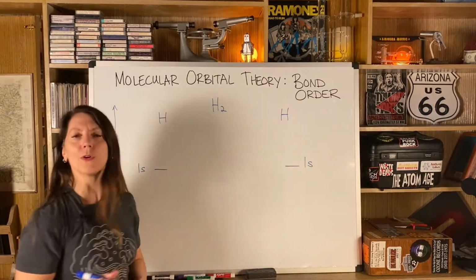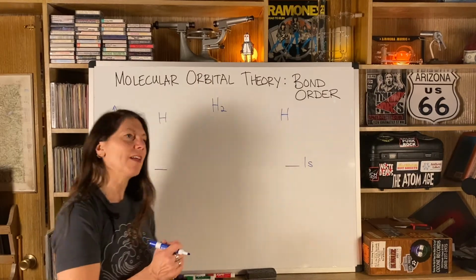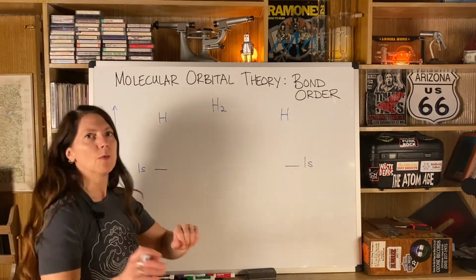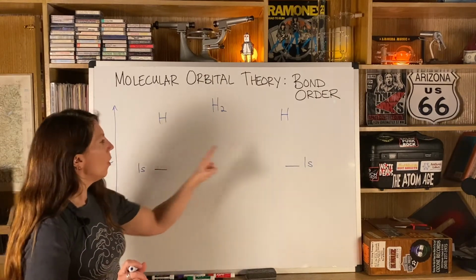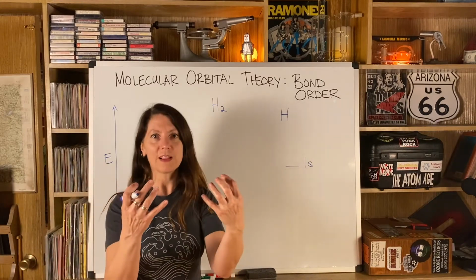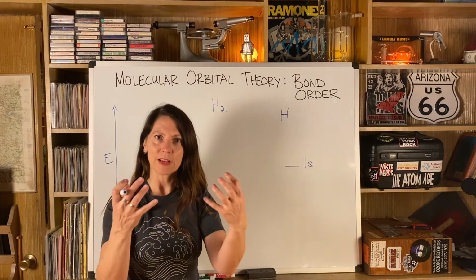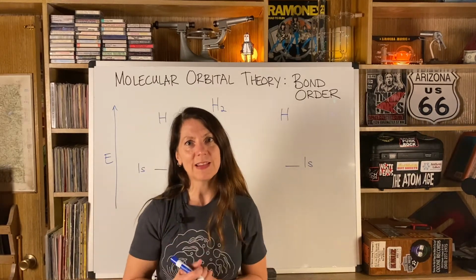Okay, our s orbitals, these nice spheres, all right? So we've got those orbitals there. We'll put electrons in when we're all done. But here we want to consider what happens when those two 1s orbitals get close to one another. Okay, they come close to one another, and we have two things that happen.